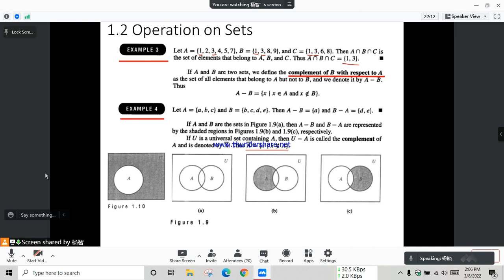If A and B are two sets, we define the complement of B with respect to A as the set of all elements that belong to A but not to B. Belong to A, not to B, we denote it by A minus B. A minus B is a set including the elements that belong to A but do not belong to B. All these elements make up the set A minus B, or the complement of B with respect to A.